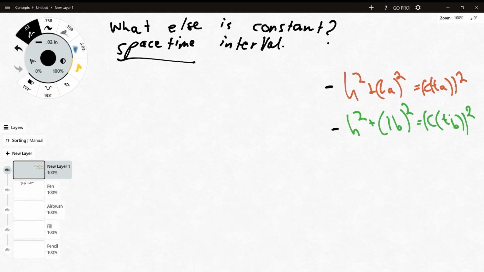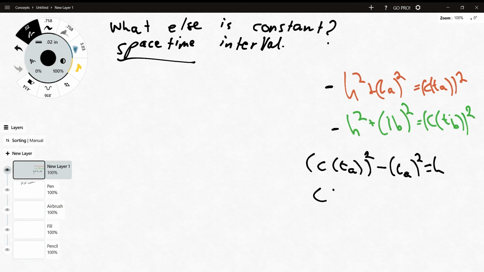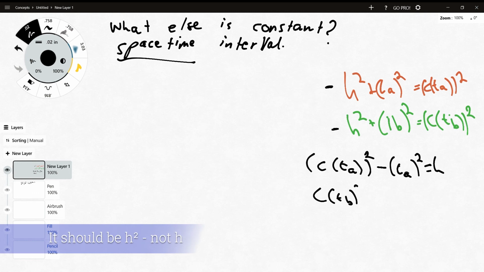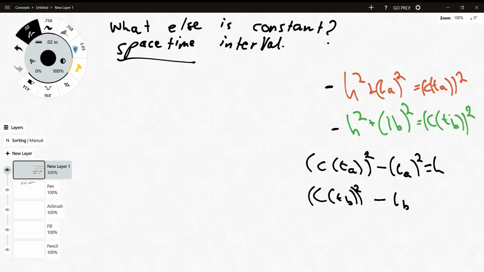Now what we say is, okay, now we rearrange both to equal h, so we have (c TA) squared minus LA squared equals h squared, and (c TB) squared minus LB squared equals h squared, and we do these steps by Pythagoras' theorem, by the way.